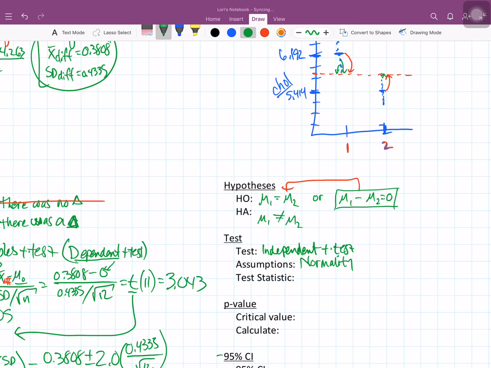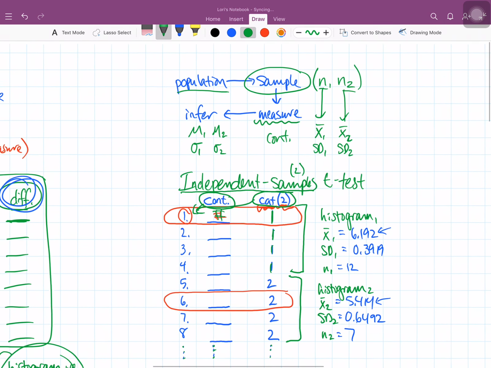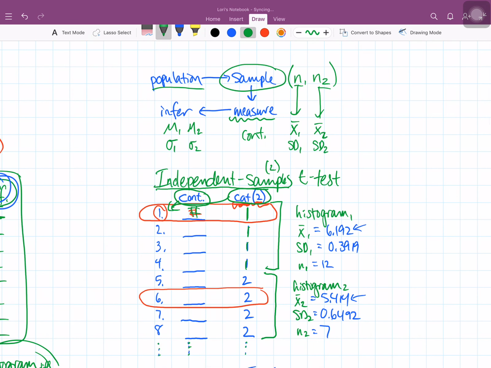But there's another one, so let's go back up to where I said we're measuring both the means and the standard deviations. If we're looking at the means, it makes sense that we will have the assumption of normality, and a lot of the same rules apply with the central limit theorem. But now you'll notice that we have two different standard deviations that we're dealing with.